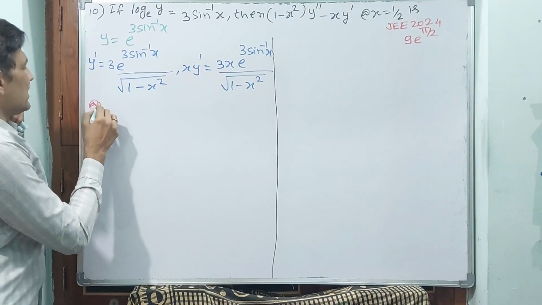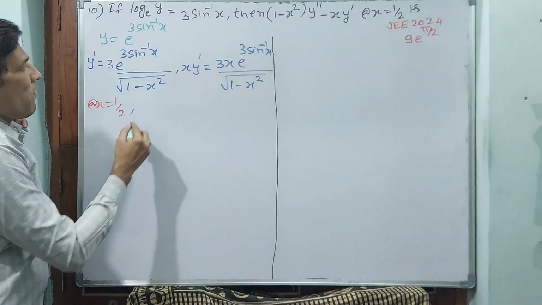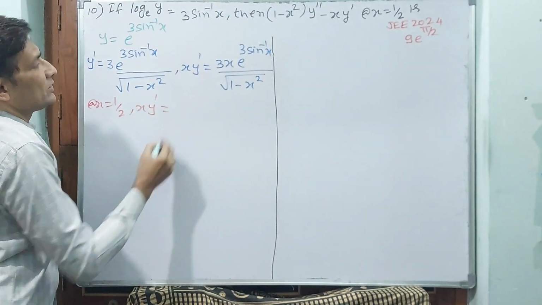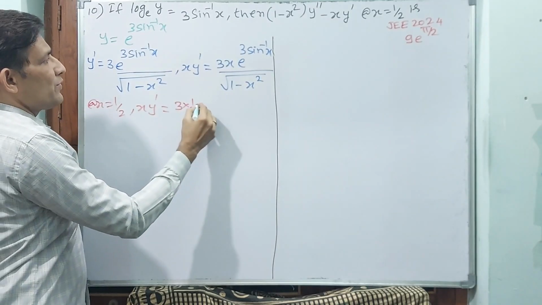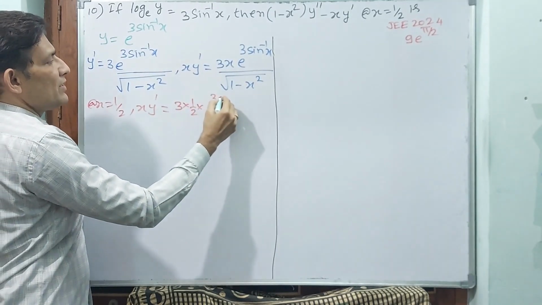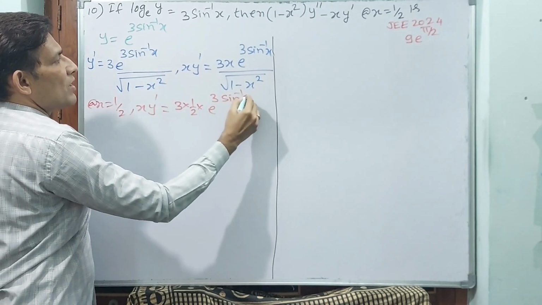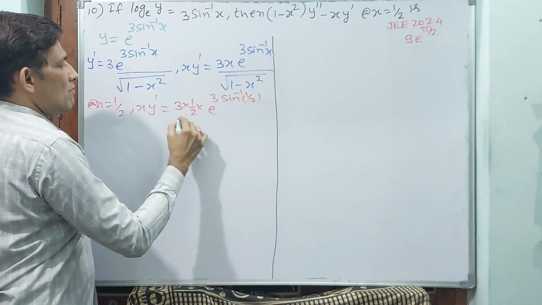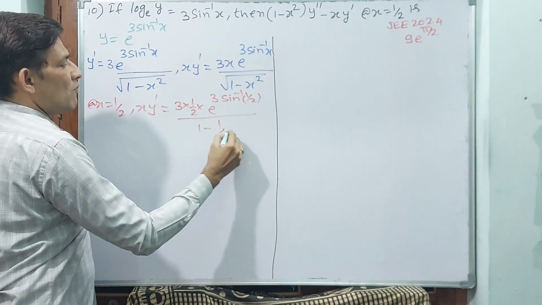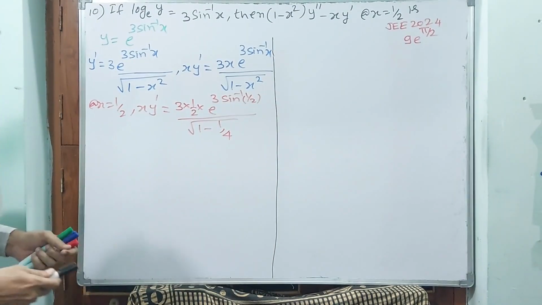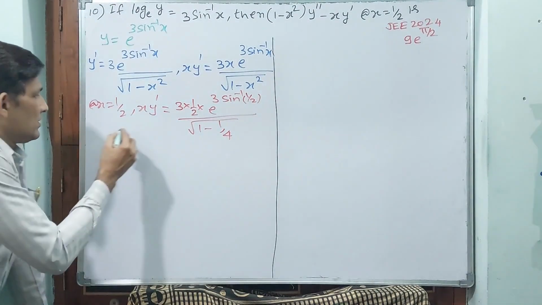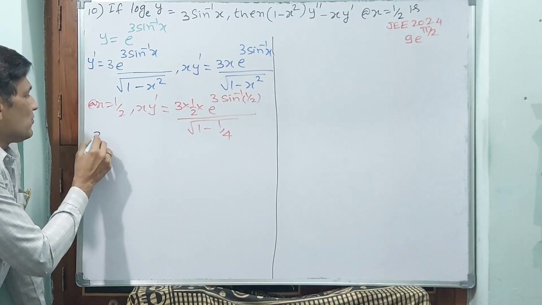At x is equal to 1 by 2, x y dash is equal to 3 into 1 by 2 into e power 3 into sin inverse of 1 by 2, by under root of 1 minus 1 by 4. See, this numerator is 3 by 2.